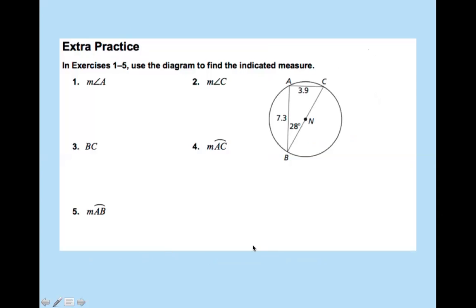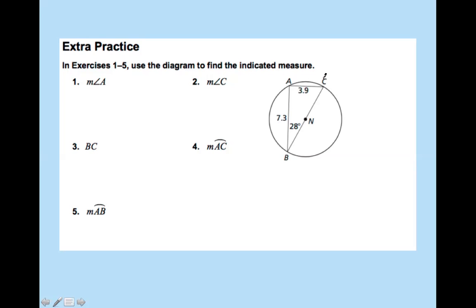So let's jump to some extra practice. This starts on page, looks like 297. Our first one says, find the measure of angle A. Let's look at this. I see I have a diameter, and a triangle inscribed in the circle.